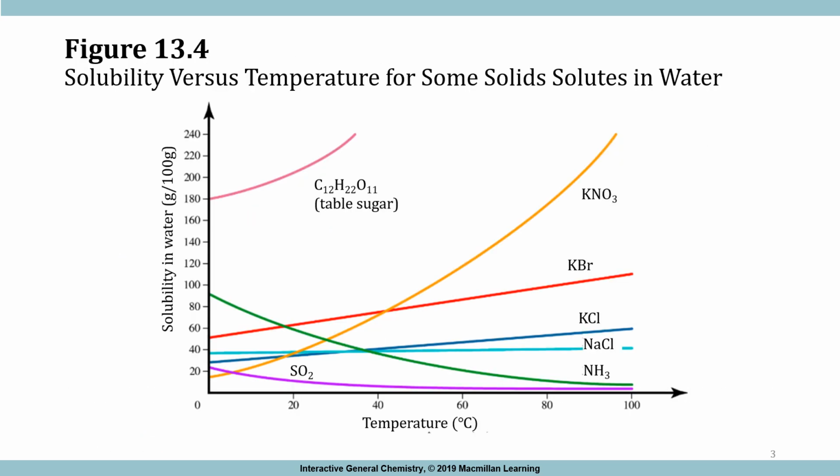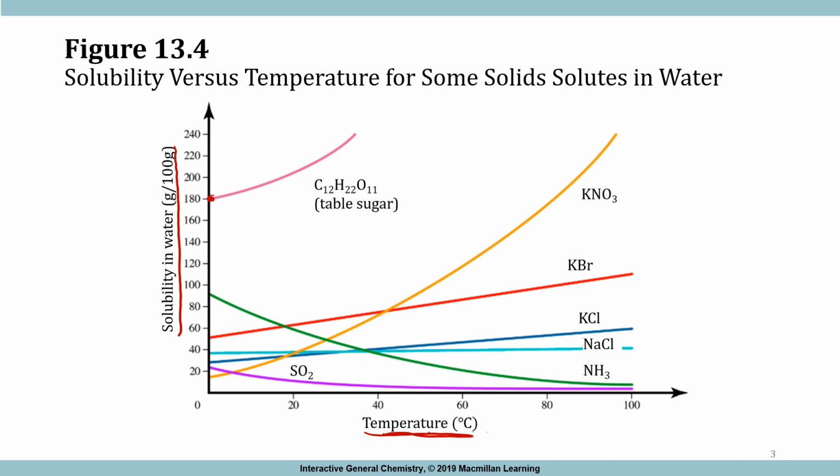Here's a figure that shows how increasing temperature will cause the solubility of certain solids to increase and, rarely, sometimes even decrease. So this solubility is how much dissolves in 100 grams of water. Let's look at table sugar. In 100 grams of water at 0 degrees Celsius, so at freezing, we can get 180 grams to dissolve.